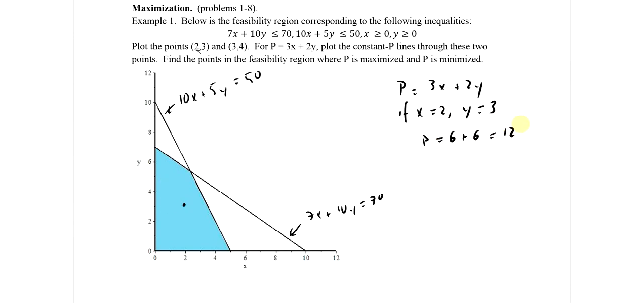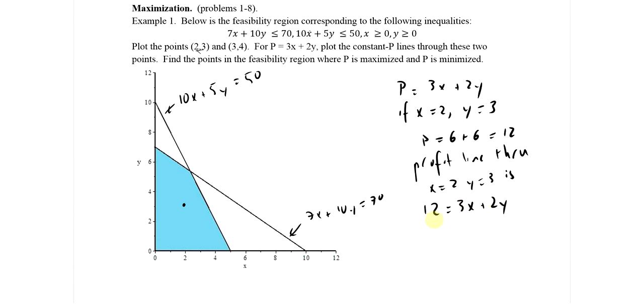And what does the profit line look like? If we're thinking of p of profit, well, profit there is 12, so it must be 12 equals 3x plus 2y.